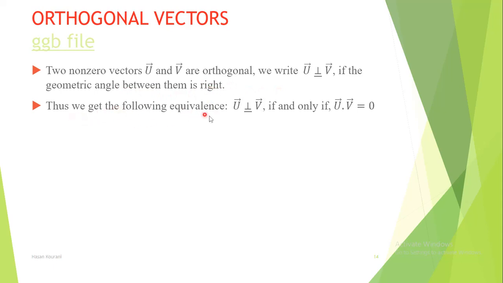Thus we get the following equivalence: u orthogonal to v if and only if u dot v equals 0. Why do we have u dot v equal 0? I think it's clear from the geometric definition, which is magnitude of u times magnitude of v times cosine 90. As you know, right is 90 degrees. Cosine 90, as you know, is 0. For this reason, u dot v will be 0.